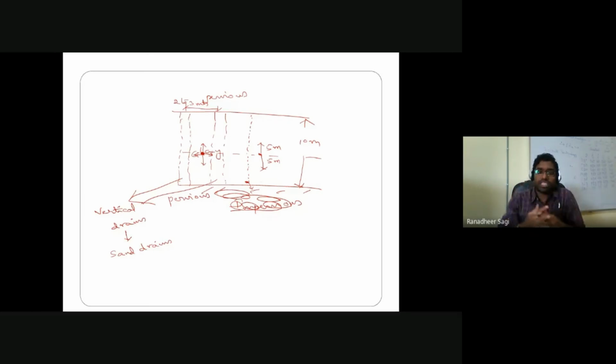So in order to fasten the process of consolidation in any soil, if you cannot wait for 5 years, like the example I was quoting earlier, and you want to finish the consolidation of that clay layer, you have to improve the ground conditions by providing more drains in that soil strata, so that the water from that clay soil can easily get dissipated into the drain paths you have provided, and that's how you can fasten the process of consolidation in that soil.